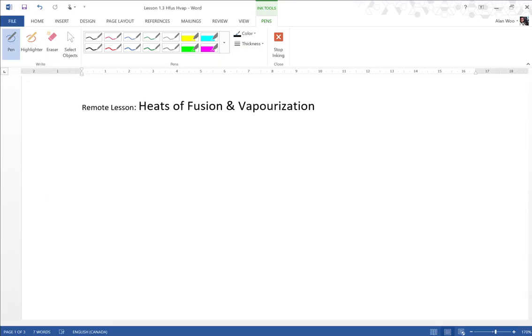Hi there. In today's lesson, we're going to look at heats of fusion and vaporization. We're going to start with a solid. We'll draw our standard solid, which is this kind of 3 by 3 cube, and we're also going to draw out our liquid.